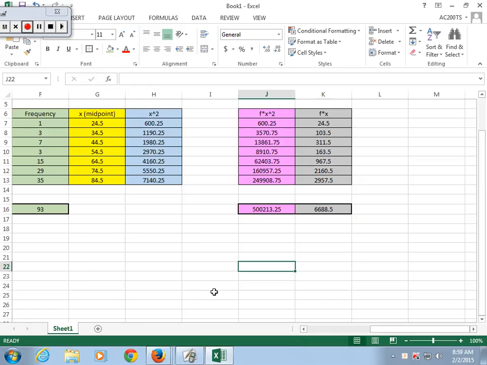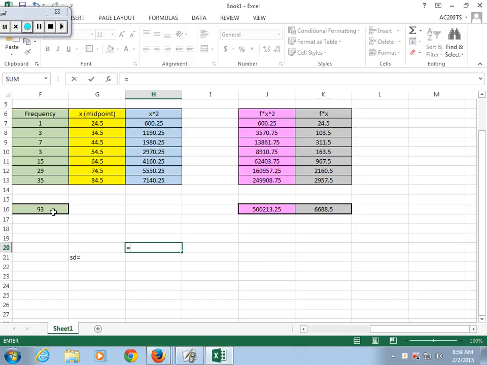Alright, so what I'm going to do is go down here and put standard deviation is equal to, and I'm going to put the parts of the formula. So 93 will be equal to this guy times this guy.